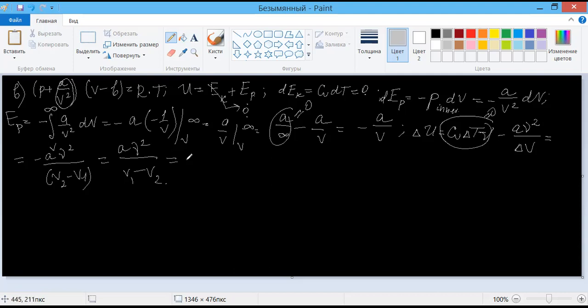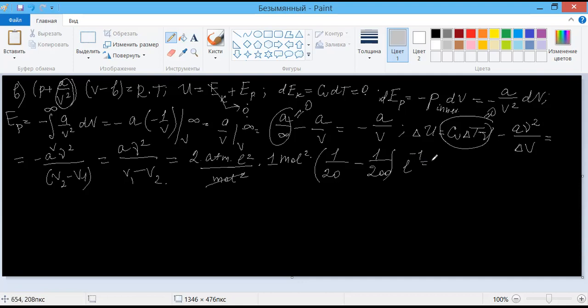Okay, let's do that. So the value of A is given, it's 2 atmospheres liter squared over mole squared. 1 mole squared times 1 over 20 minus 1 over 200 liters raised in the minus first degree, and we get 0.09 atmospheres per liter, right?